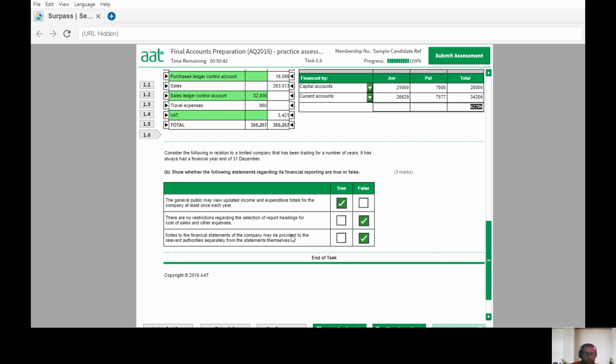Note the word they are using is "may". The word "may" can make you think this is all right, because it implies freedom. It's not, because there is no exception to it. You must provide the notes when you submit your statements.